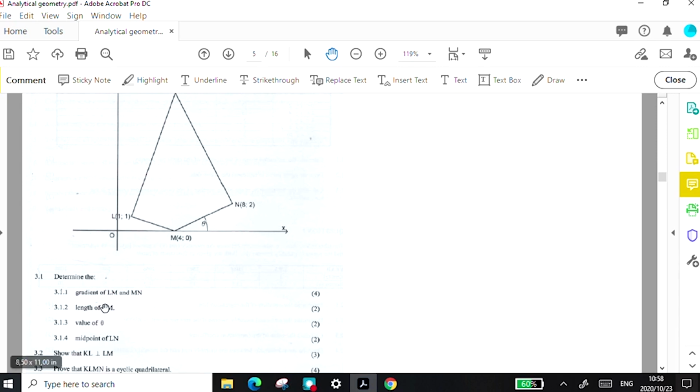And we want to find the gradient of LM and the gradient of MN. So we want to find the gradients of these two lines.